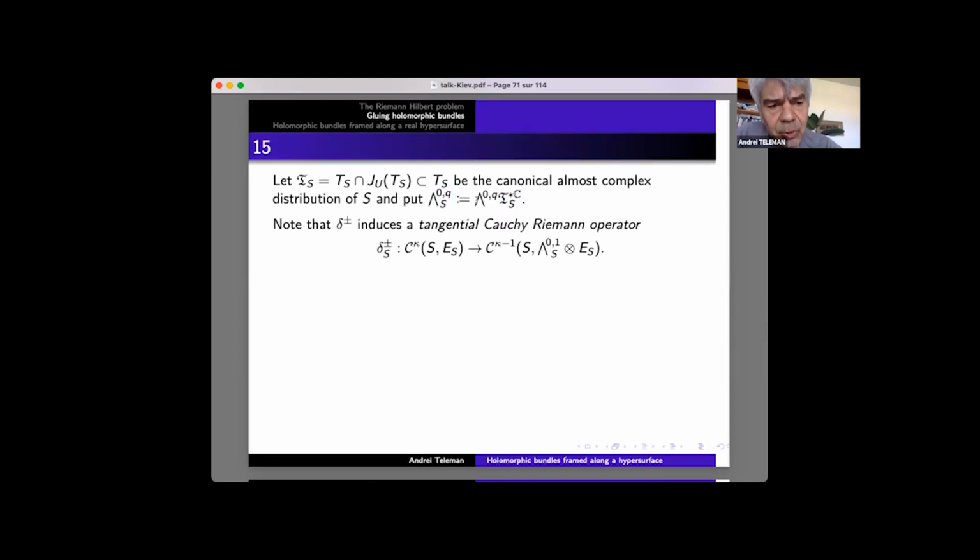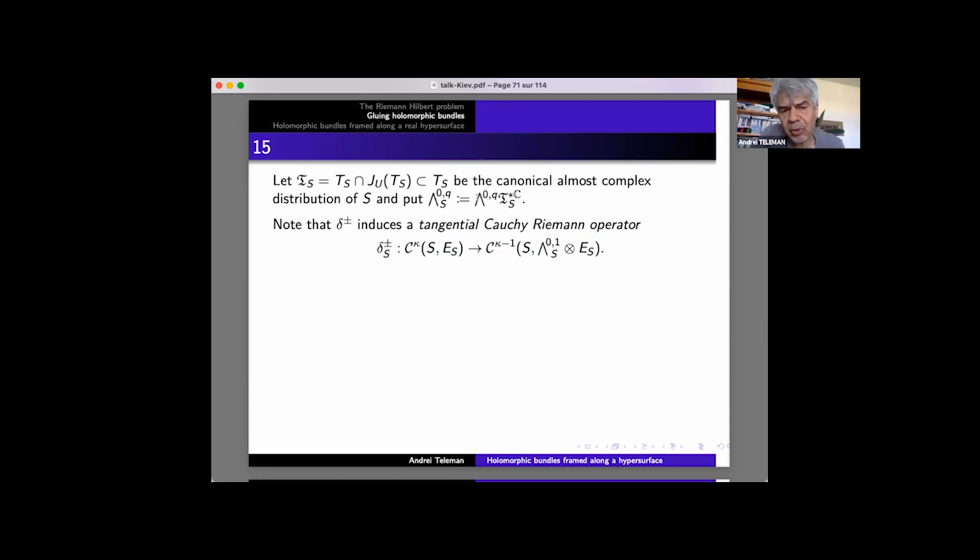Now, what is important for us is that the Dolbeault operators we have fixed on E plus and E minus induce tangential Cauchy-Riemann operators between bundles on S. Here we have E_S, and here we have E_S tensorized with the bundle lambda 01 of S I mentioned before.